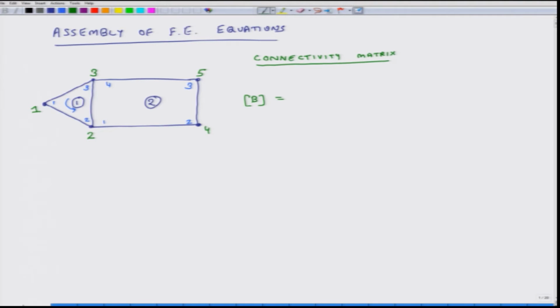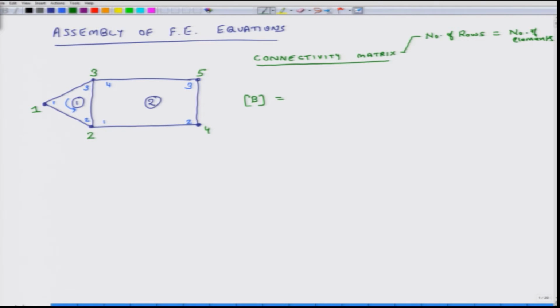We will explain that. So, this connectivity matrix has certain number of rows and certain number of columns. So, number of rows equals number of elements. So, in this case we have 2 elements.